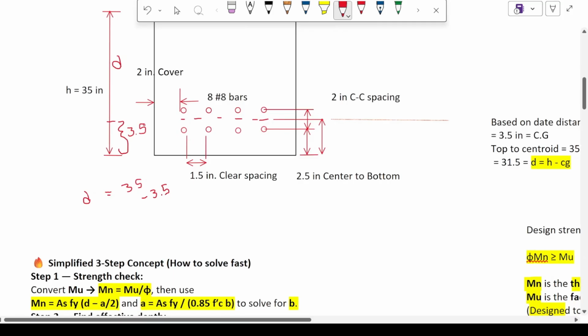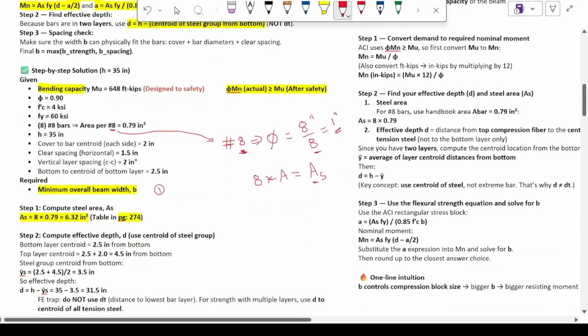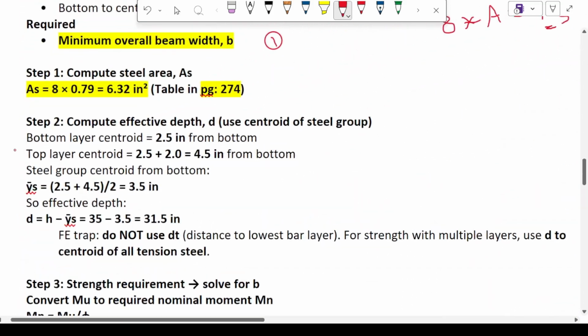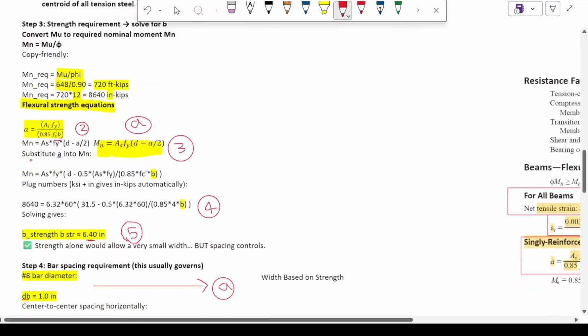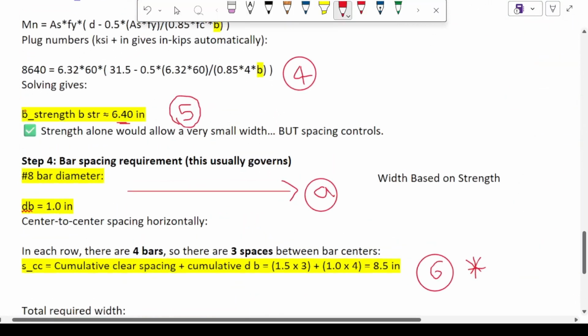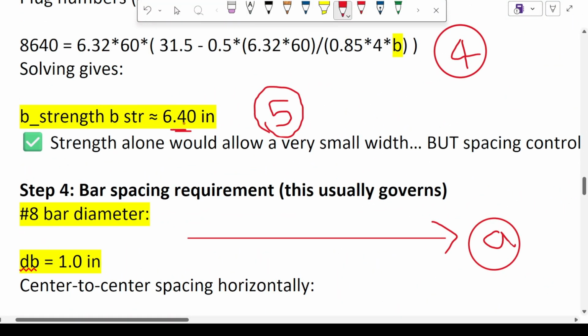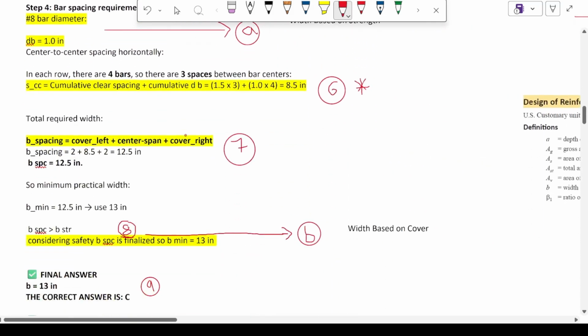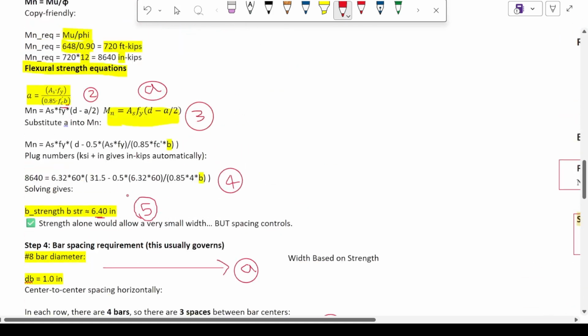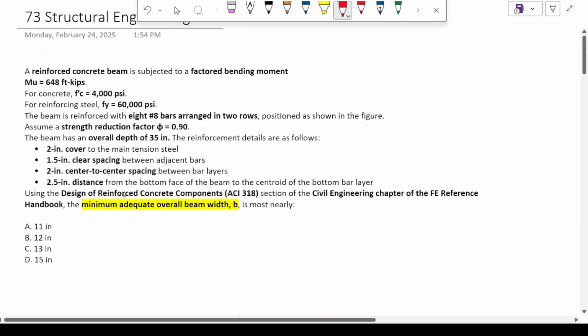So at least a 12.5 inch minimum width of this beam is required. That is a mandatory requirement. Between the previous strength requirement of 6.40 and 12.5, since 12.5 is more, the right answer for this problem would be 12.5 or anything higher than 12.5, but not lower.